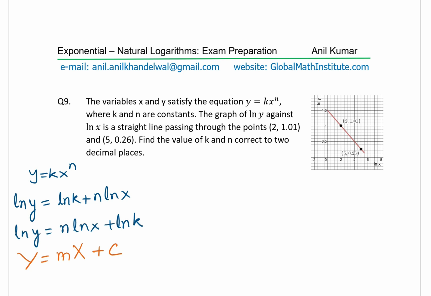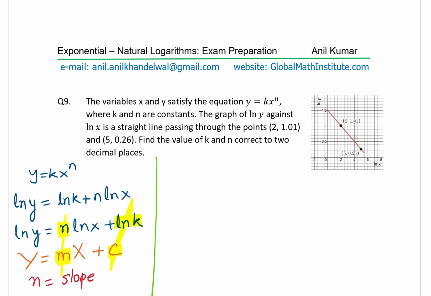So you could equate n with the slope. So those are related values. Similarly, you could relate the y-intercept with c to find the value of k. So that is the key. So let's find what the slope is first. So we know that n is equal to the slope. So let's find the slope of the graph.